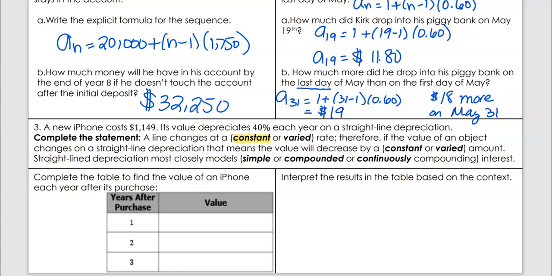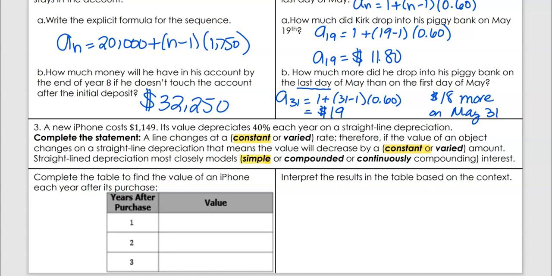A constant rate. Therefore, if the value of an object changes on a straight line depreciation, that means the value will decrease by a constant amount. Straight line depreciation, most models, ooh, there you go.